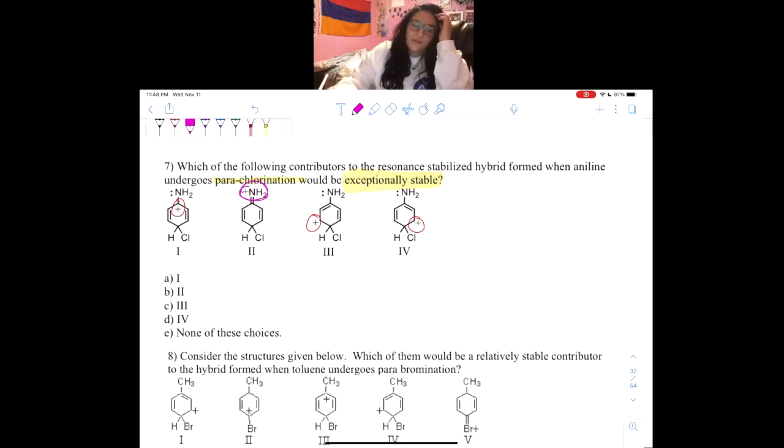As we've learned before, our heteroatoms, such as nitrogen and oxygen, are going to be exceptionally good at holding a charge, much better than carbon is. So for that reason, answer choice B is correct, and resonance structure number 2 is going to be the most stable resonance structure.